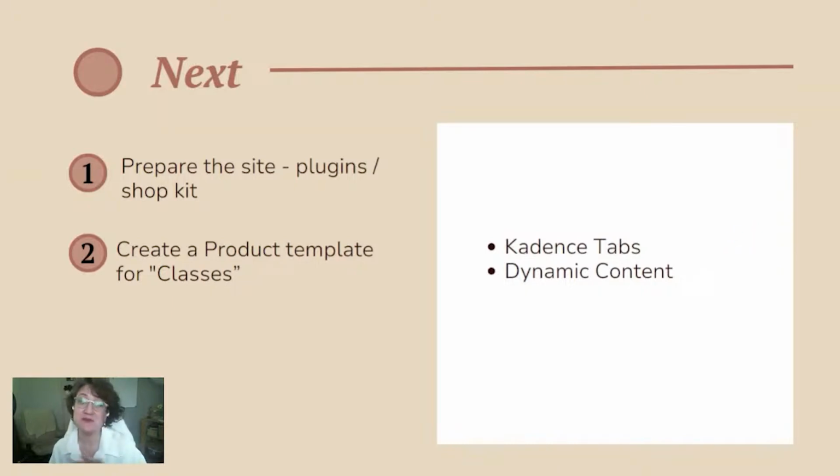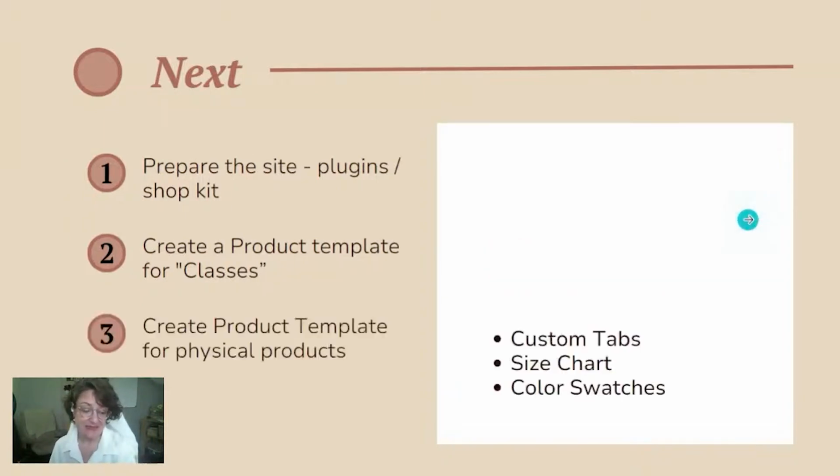And we're also going to want to put a banner in the bottom so that if somebody is buying the class, they can see the option to just have the membership and get a whole bunch of classes for one price. And then lastly, we will go through the product template for physical products, the merchandise.